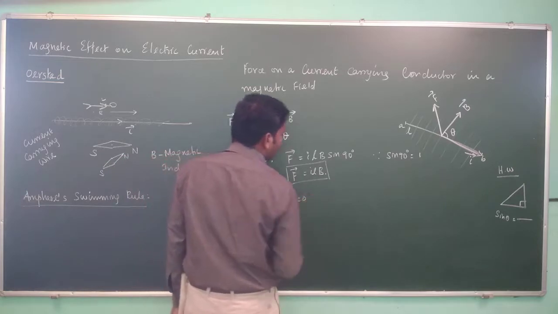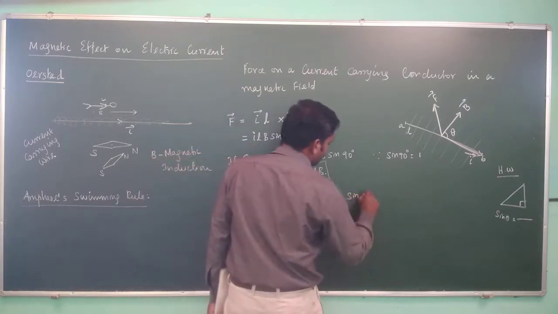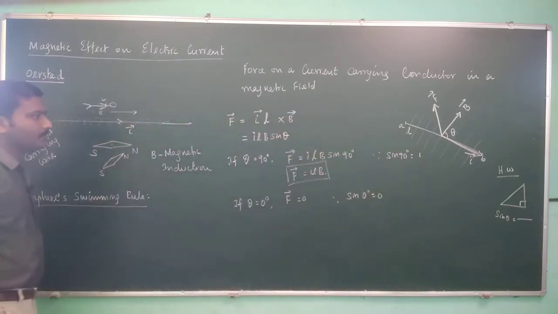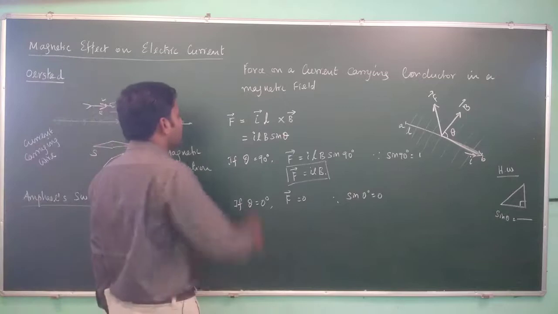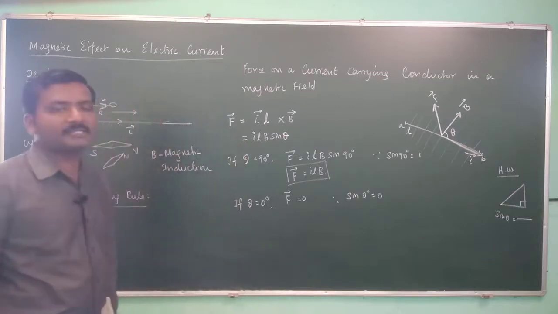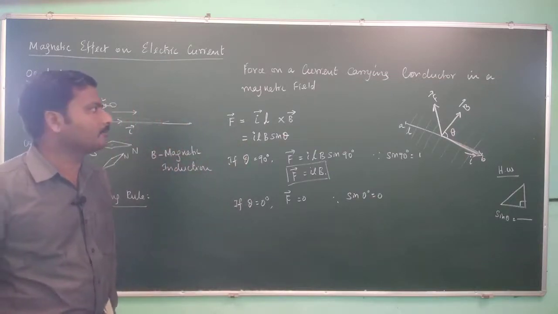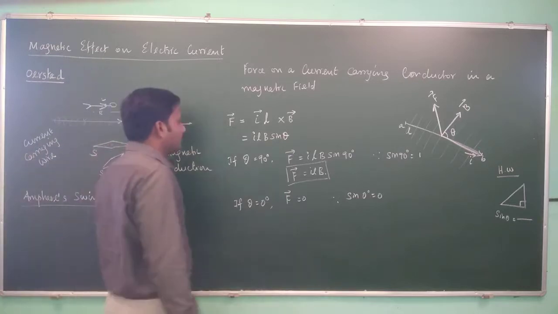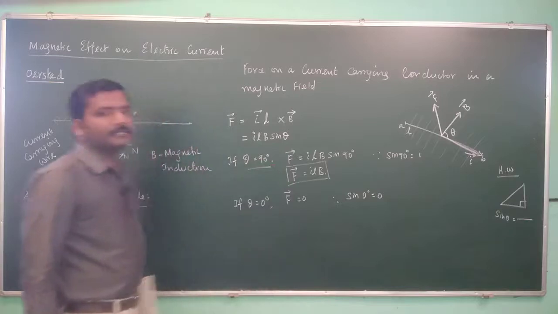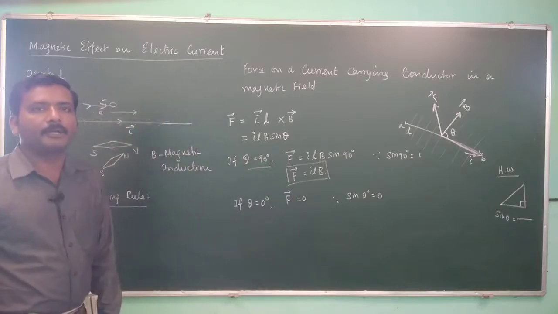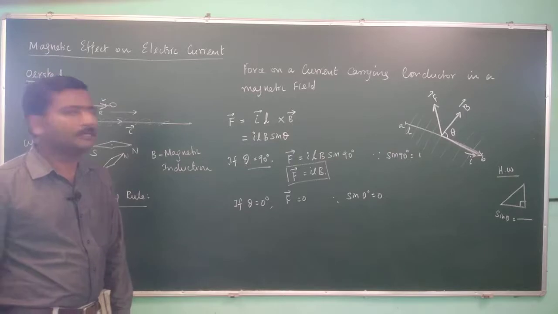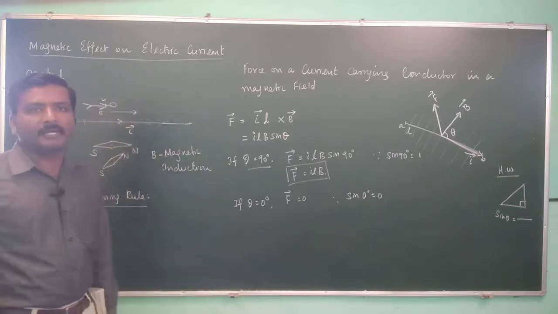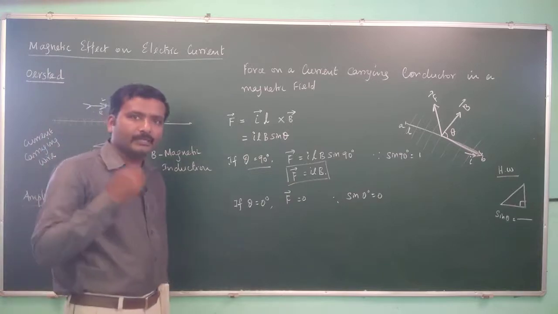F is equal to 0, because sin 0 is 0. So the force exerted because of the interaction of the current carrying wire with the magnetic induction is maximum when the angle between B and I is perpendicular, and the force is 0 when the magnetic induction and the current flow in the same direction.